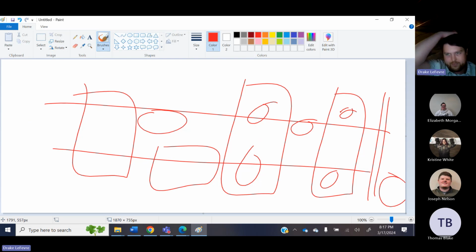The uncoupling process, essentially what that's referring to is it separates the wind turbine like this.